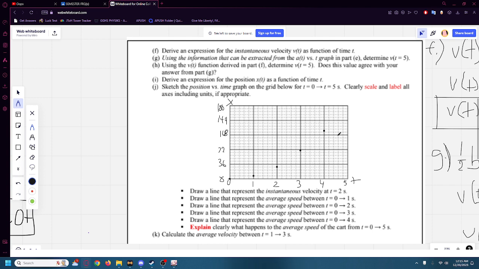And at 5, it's about here. And then we connect the dots. It's going to take a little while to make them look nice.